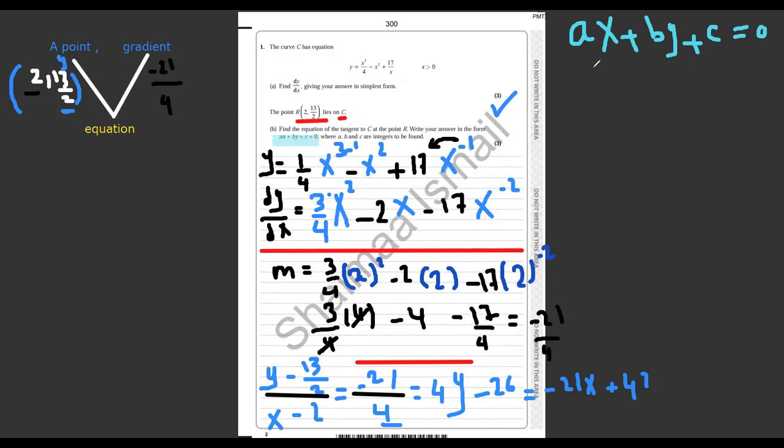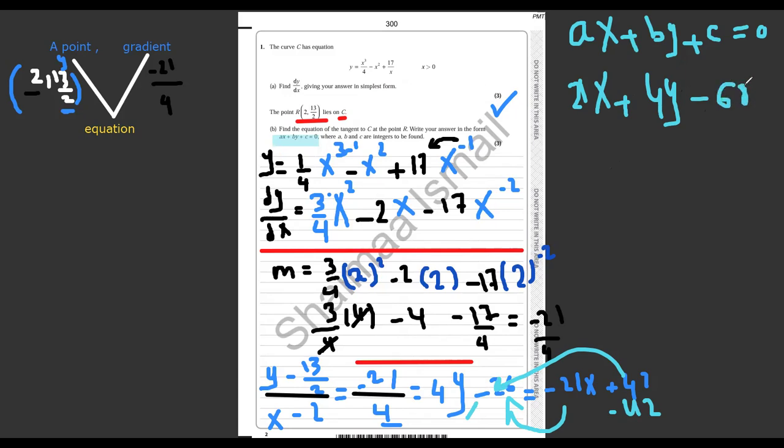So we bring this negative 21 here, so it will be 21x plus 4y. Then we bring the 42 here, negative 42, so it will be negative 42, which is minus 68, equal to 0.